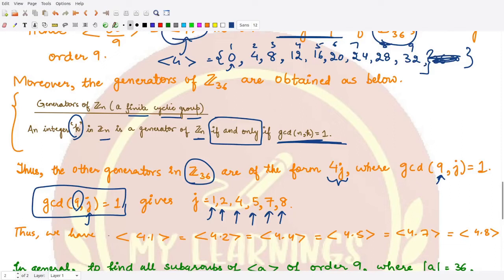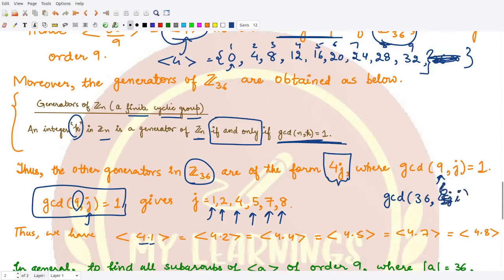If that is so, we would have 4 multiplied by 1 as one of the generators, and another would be 4 multiplied by 2, because the generators are of the form 4 multiplied with j. Actually, it is the GCD of 36 with 4j, or you can write it with i.